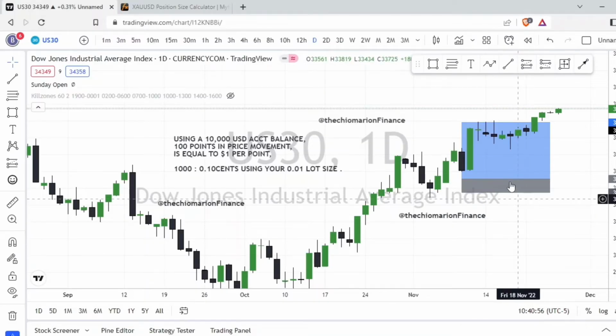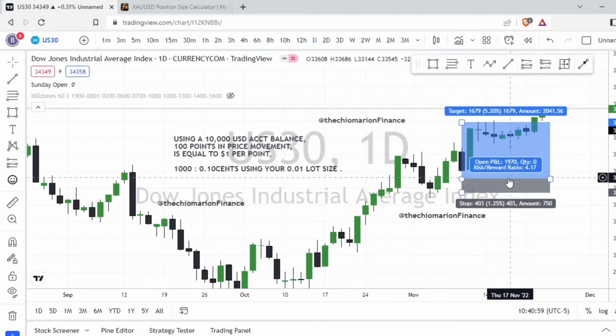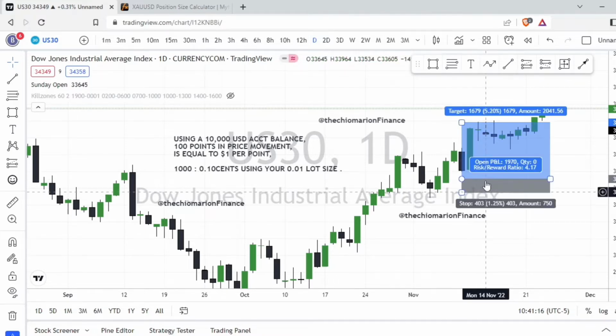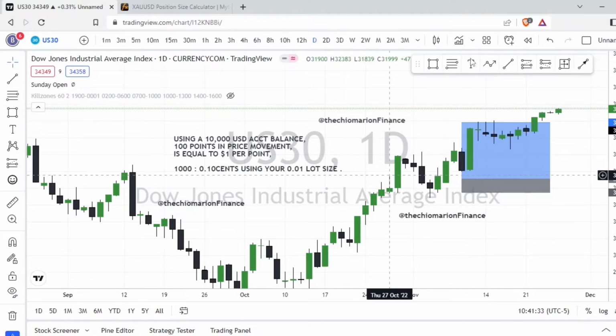Let's say we have an account balance of $100 and we want to set our stop loss here at this price, 31,871. With our risk to reward ratio of 2, that means we are going to be risking 1.25% of our account balance.